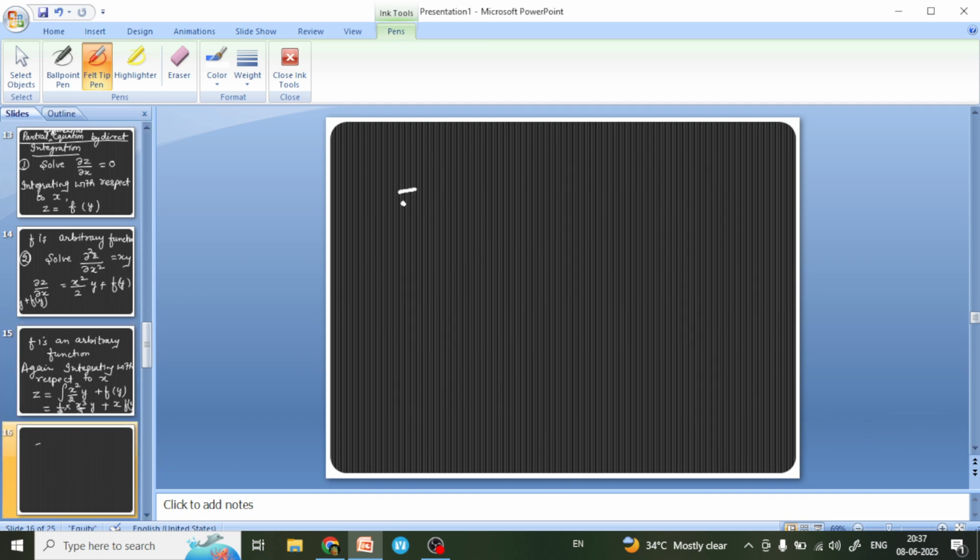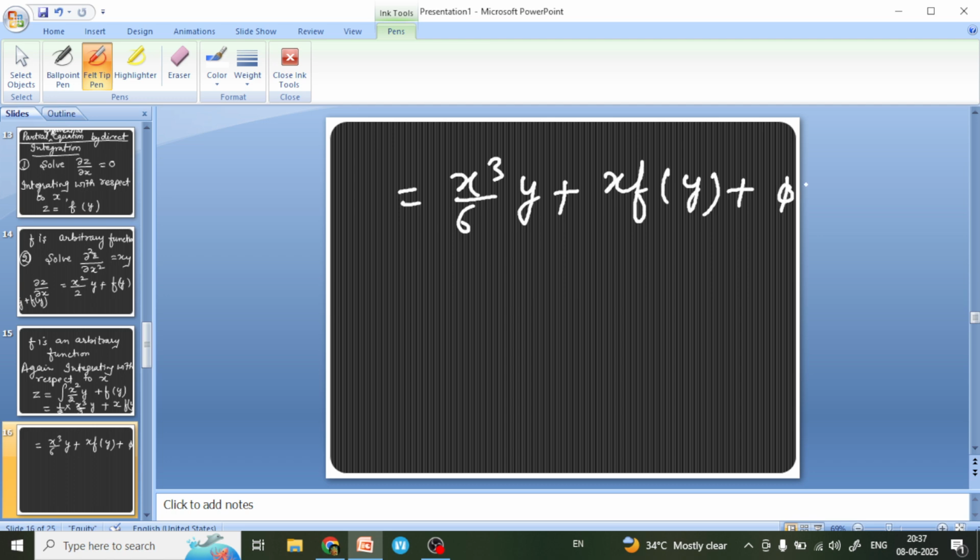It will be equal to x cube over 6y plus x times a function of y plus phi of y. This is the answer.